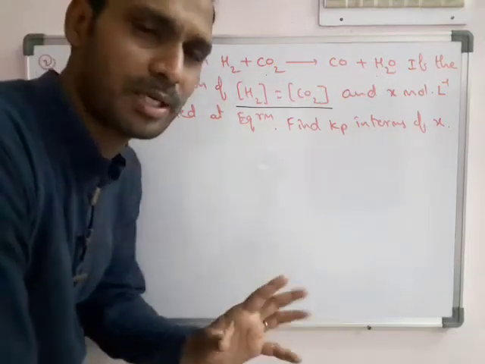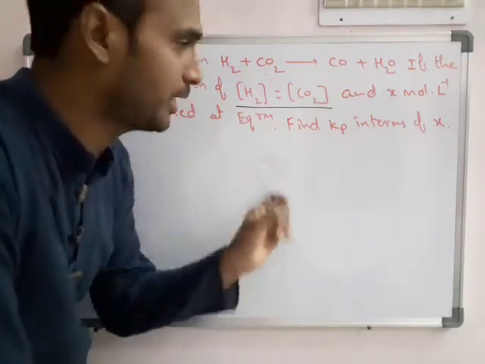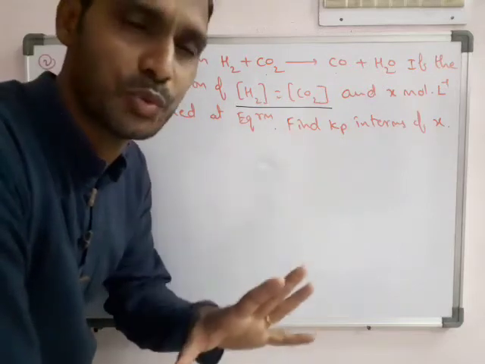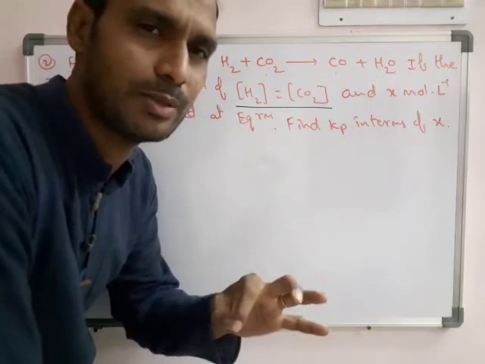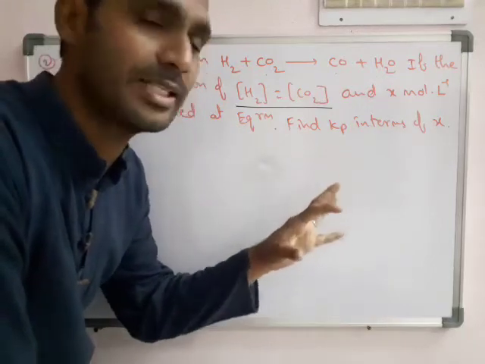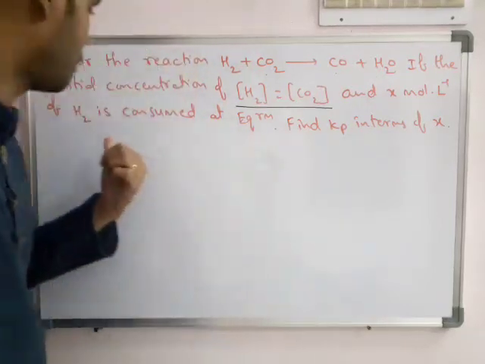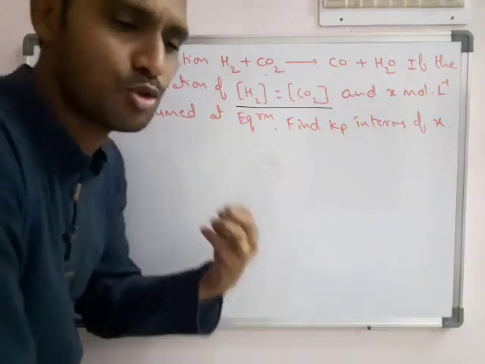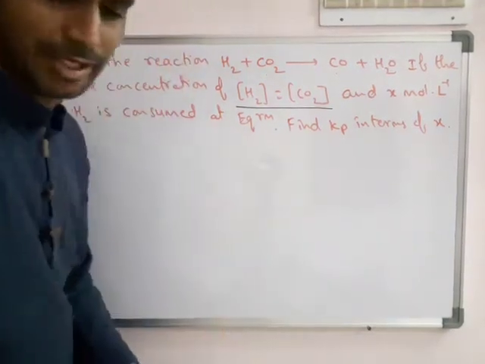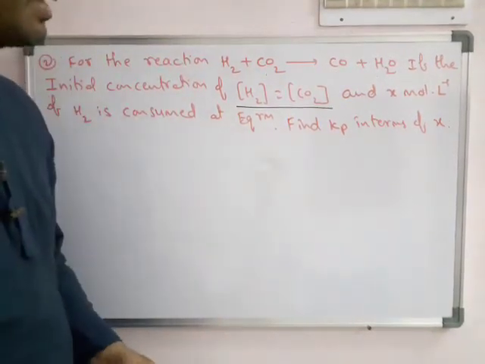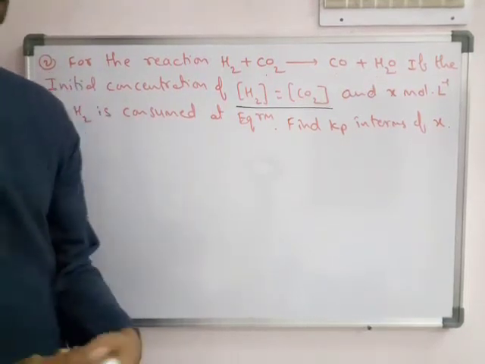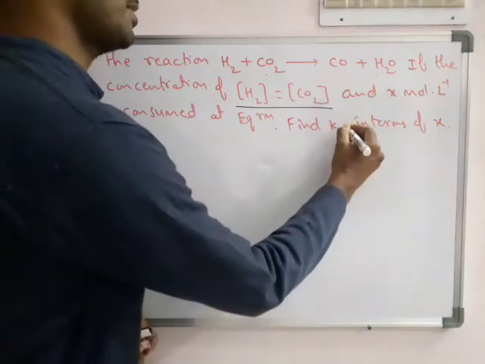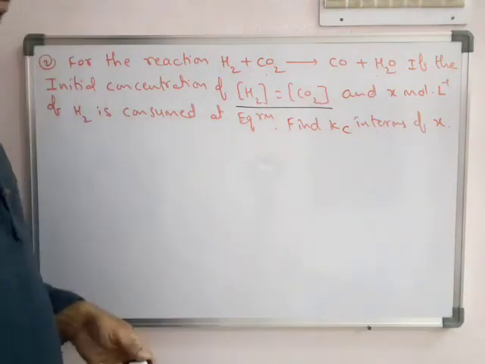In this problem they have not given a percentage. The clue given is that H2 concentration is equal to CO2 concentration, and x moles per liter of hydrogen is consumed, meaning it has undergone a reaction. So find the Kp. Actually it should be find the Kc, in terms of x.